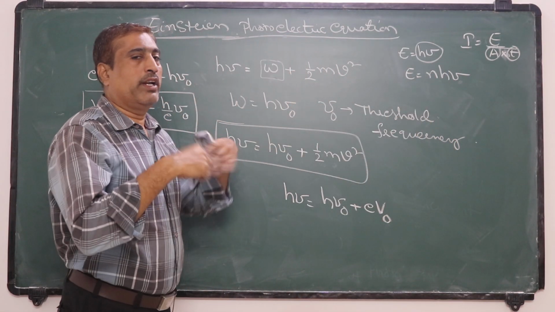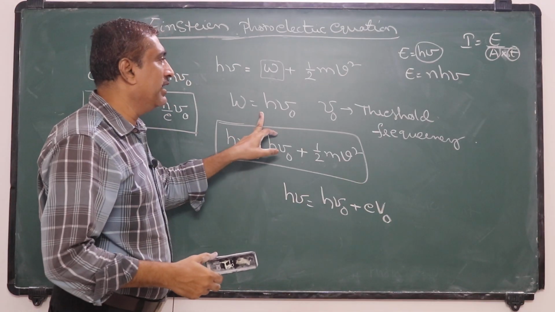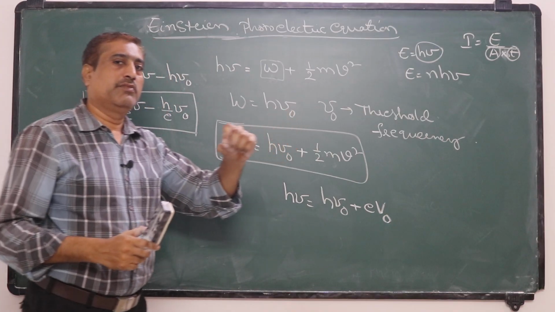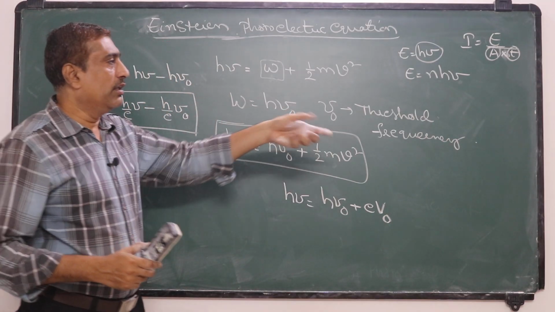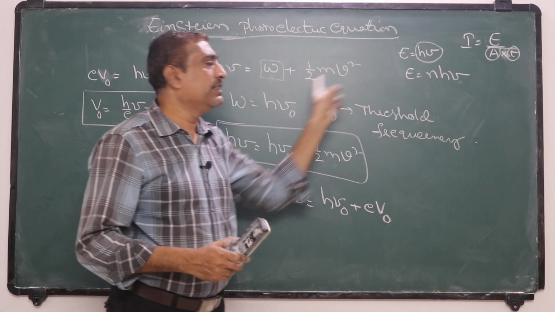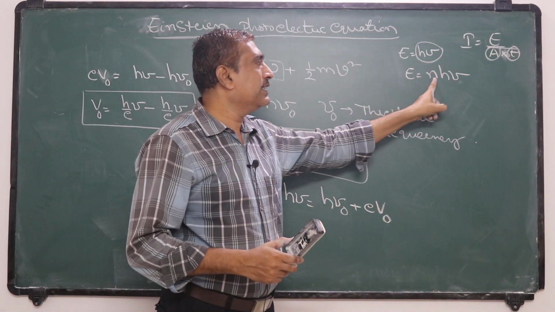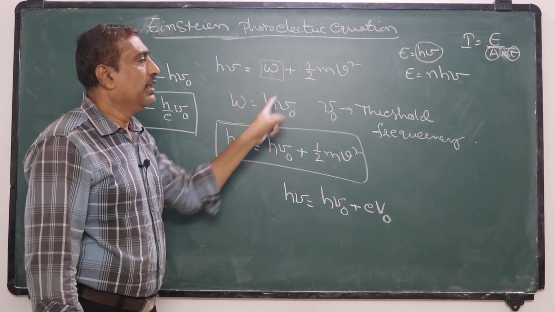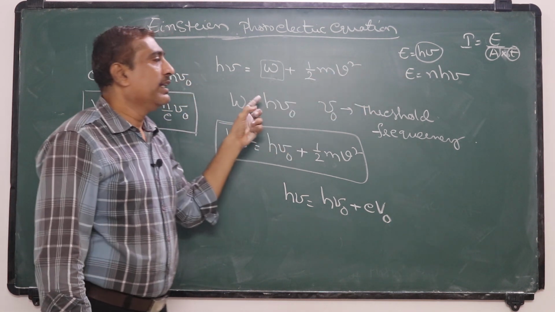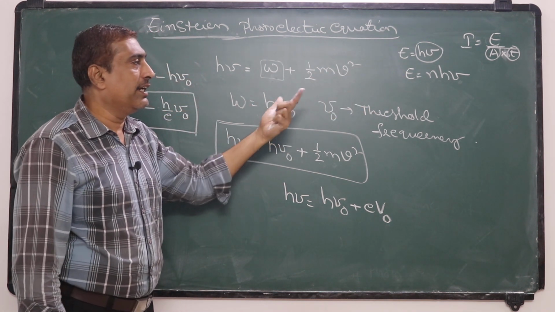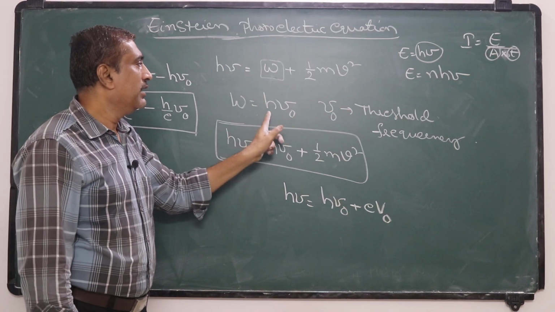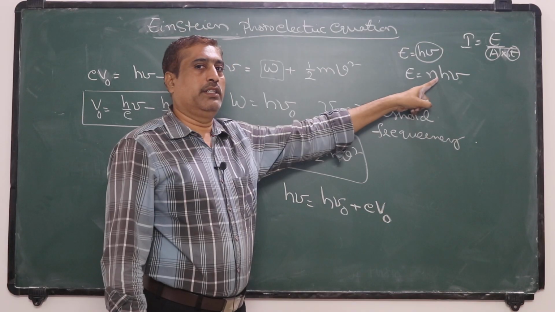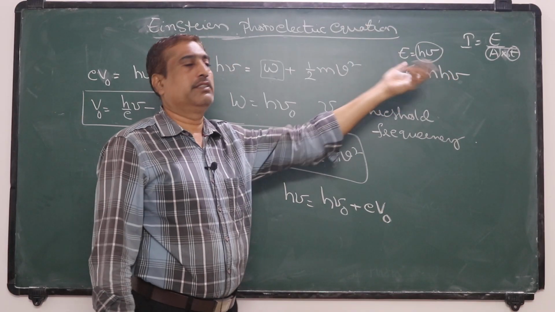If more photons are incident on the material, more electrons are emitted, because every photon interacts with an electron. So if n increases, intensity increases, and current also increases. If the number of photons increases, the number of interacting electrons also increases, so the photoelectric current increases.